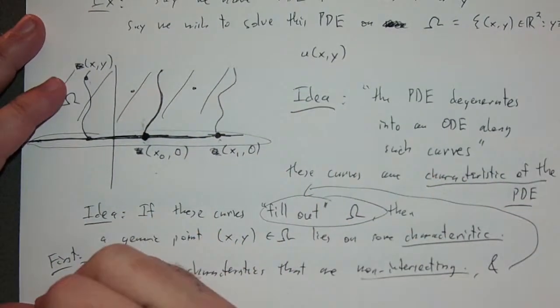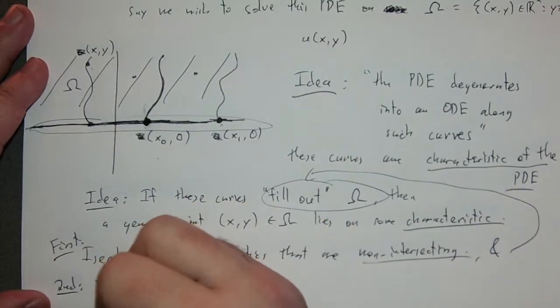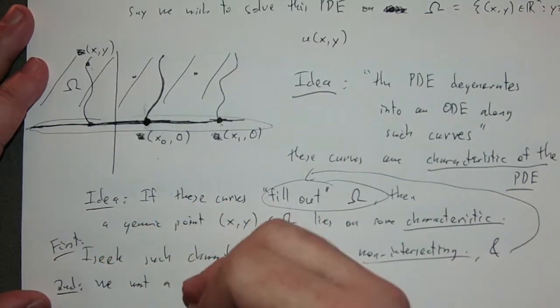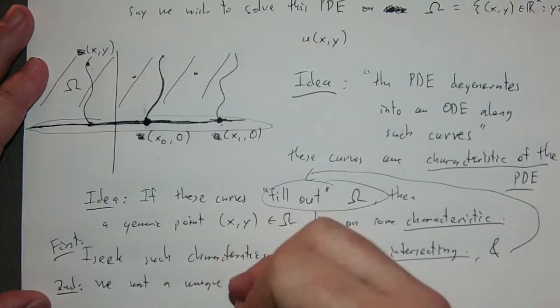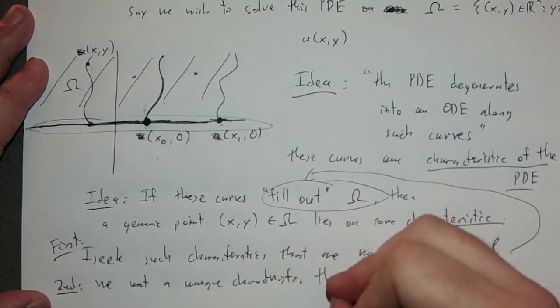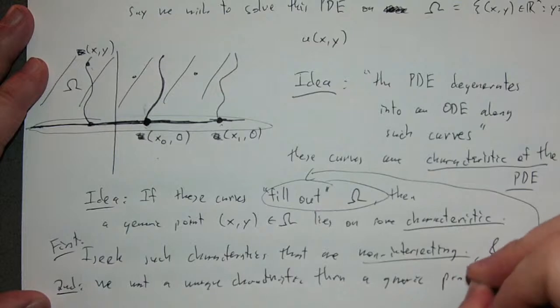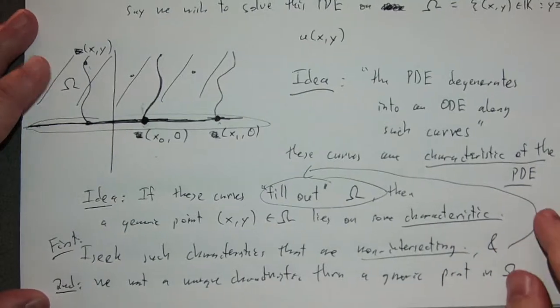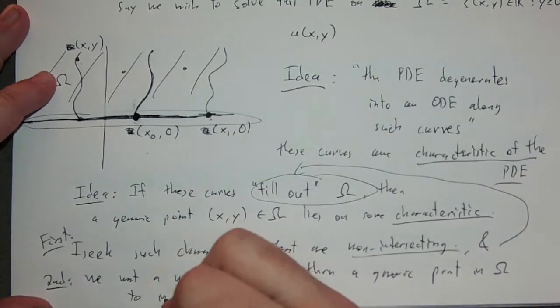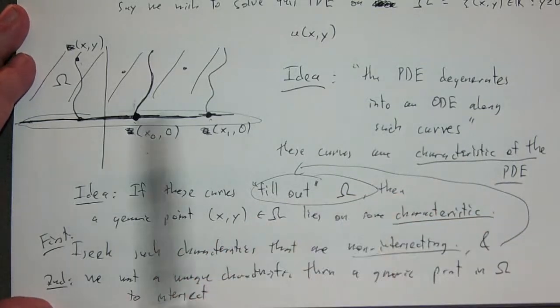So second, we want a unique characteristic through a generic point in omega to intersect the set where we're specifying our data.